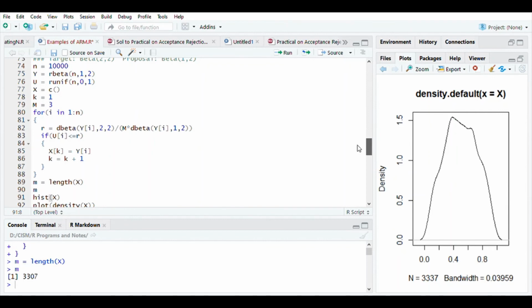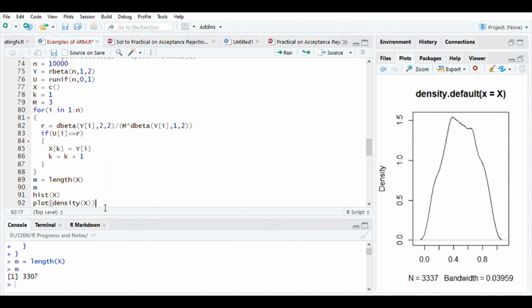Conceptually, if you consider the distance between these two density functions, the distance between target and proposal is almost the same for the second and third proposals, beta(1,2) and beta(2,1). They are equally far from beta(2,2), so the acceptance rate will also be almost the same.